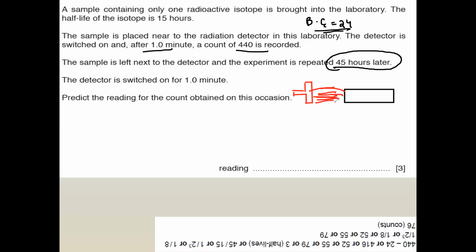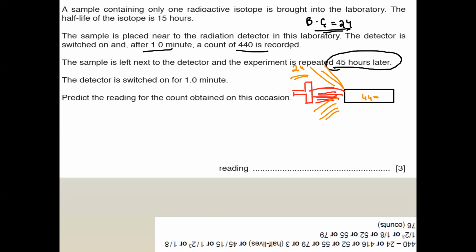One is from the source and another one is from the surrounding. So the total reading on the detector is 440, and the surrounding reading is 24.